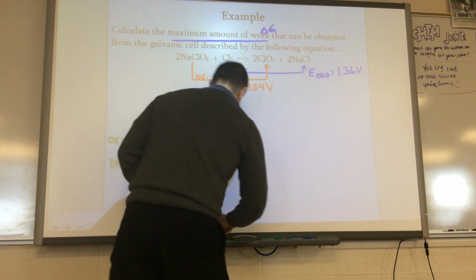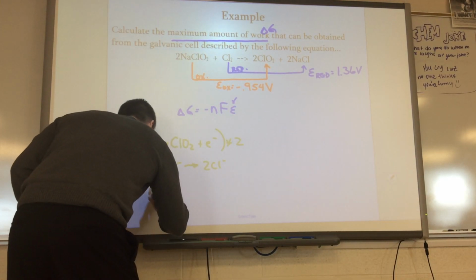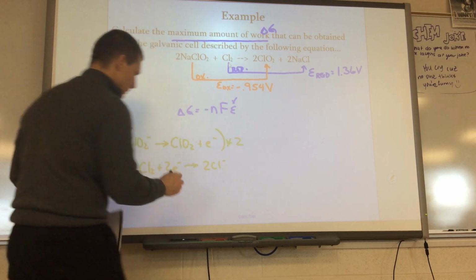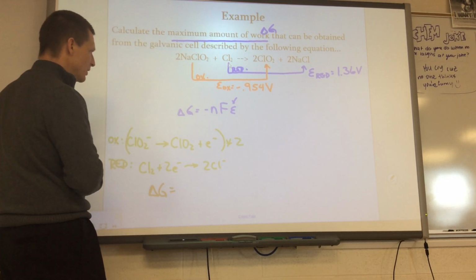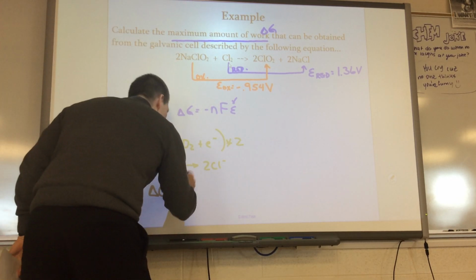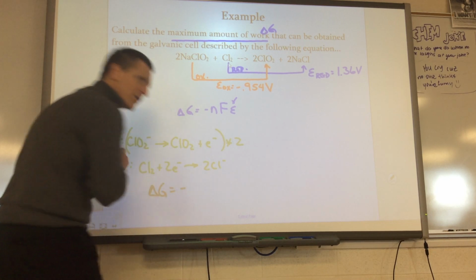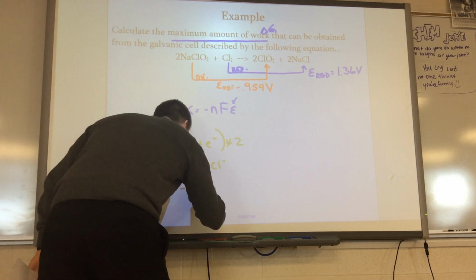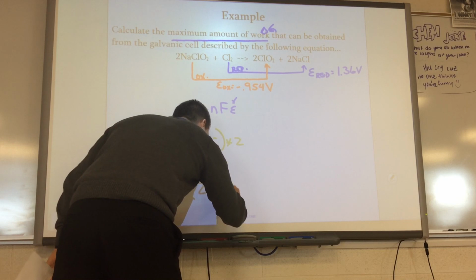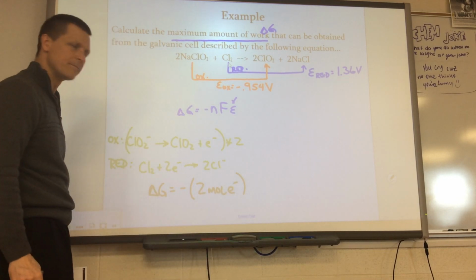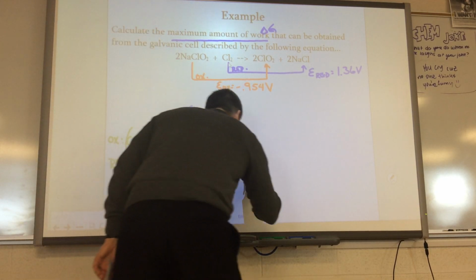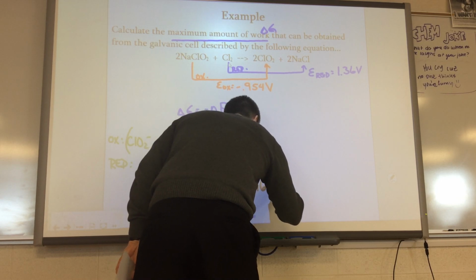Okay, so let's see what it looks like. Delta G equals, I'm going to do just about the whole line because I'm going to include the units too. The n is 2, and it's first negative. Don't forget the negative sign. Negative 2 moles of electrons times the F. F is 96,485.